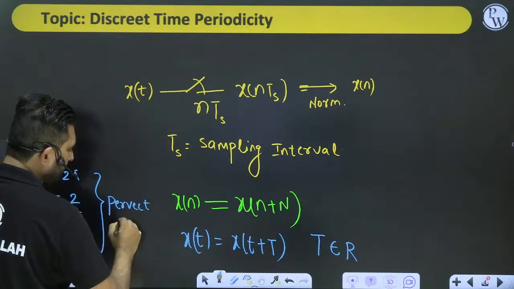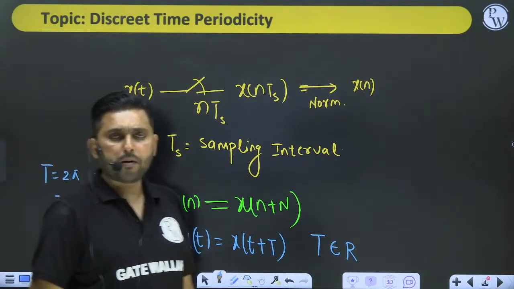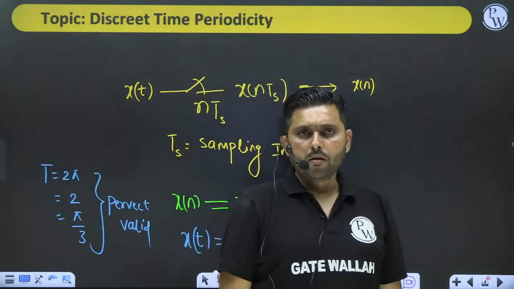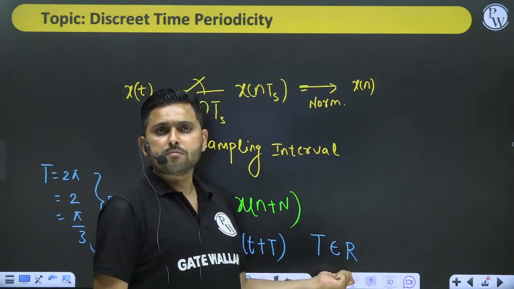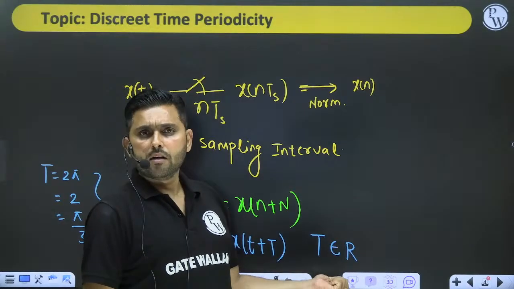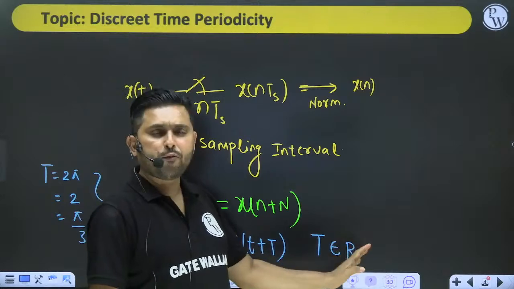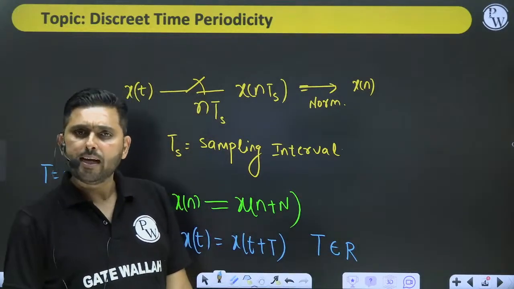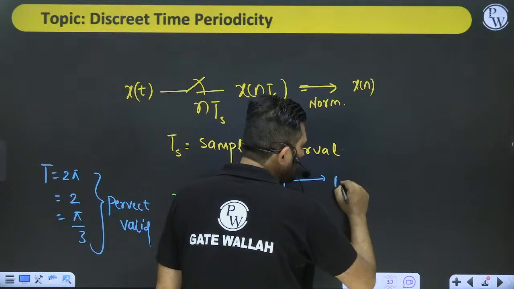Pi, or 2 pi, 3 pi, or 2, 3, 4, whatever, is a valid period of the function. But when I consider n, n belongs to the integers.